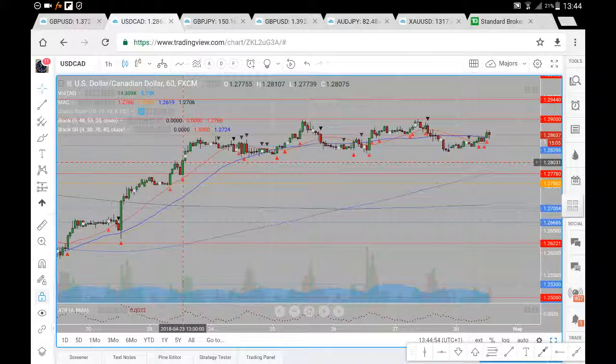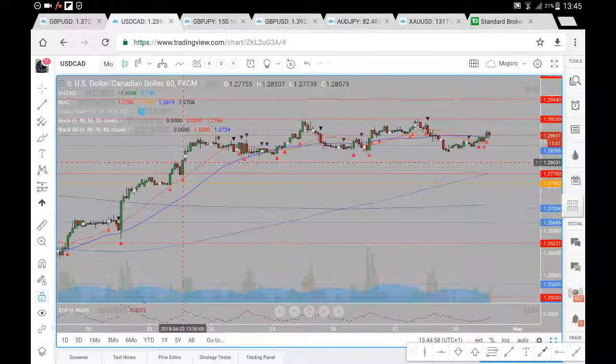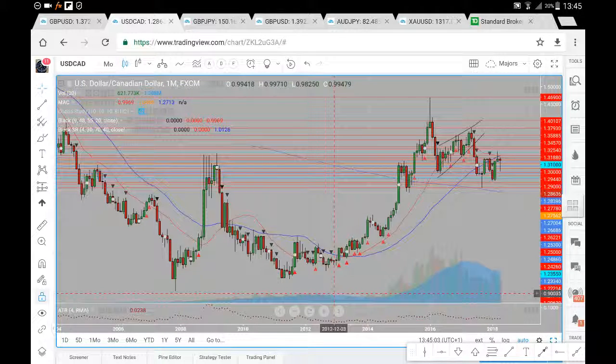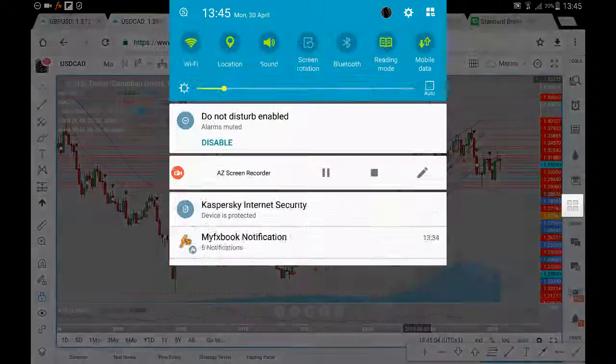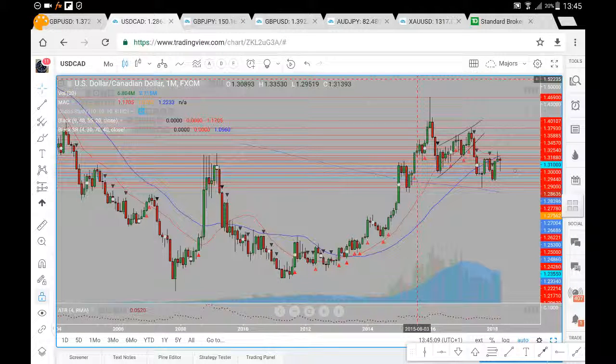What we'll do now is we'll have a look at the higher time frames just to see how prices are developing here on the USDCAD. On the monthly chart, we can see here we've had our lows there, potentially a higher low. We've had this sell side momentum, but we've seen quite a bit of buy side momentum here in April.